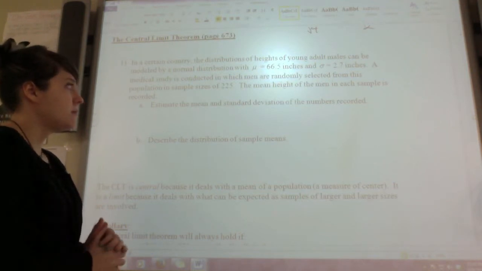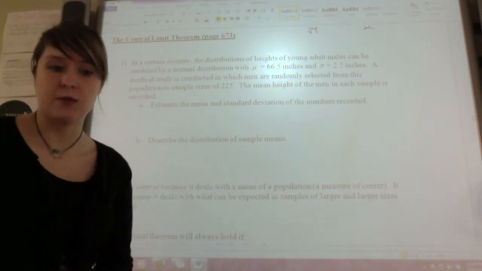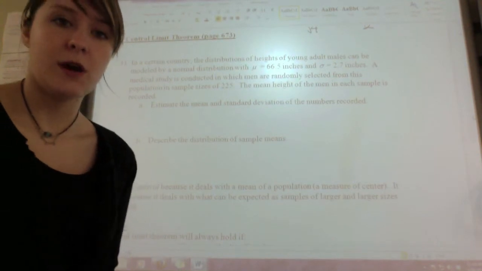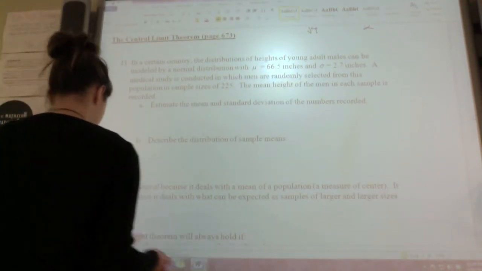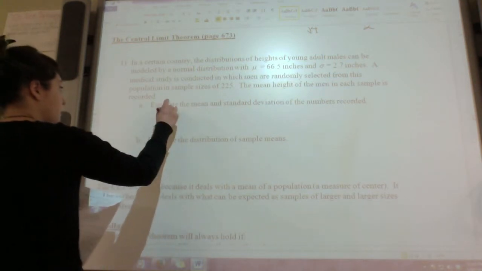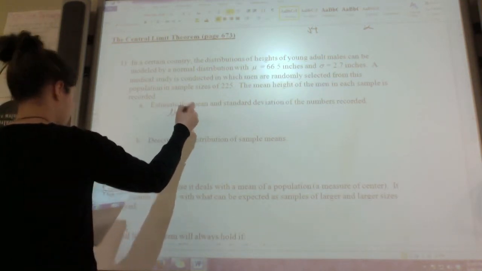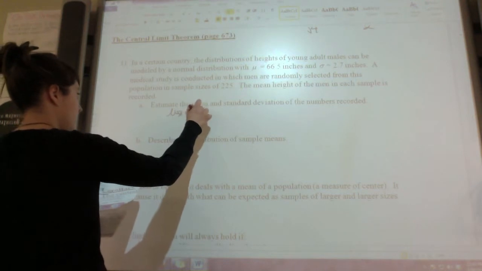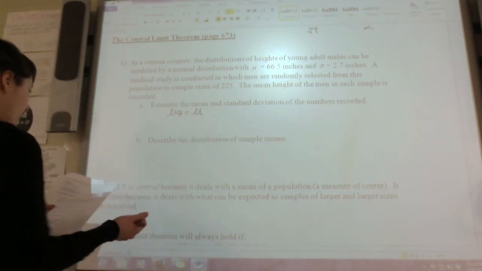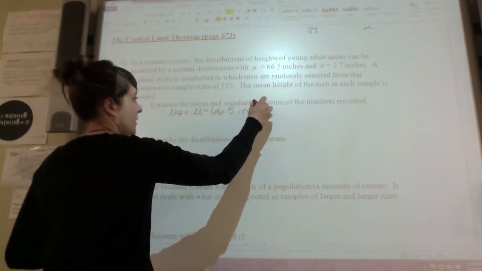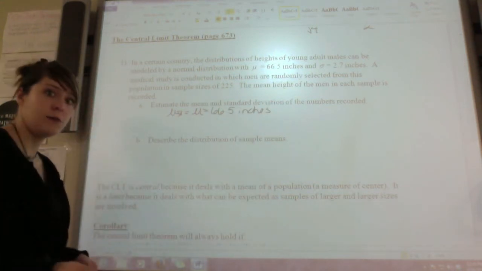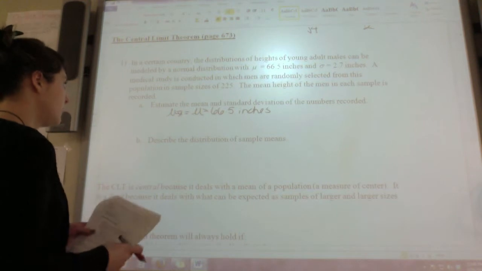We want to estimate the mean and standard deviation of the numbers recorded. So in order to do that, we're going to use our central limit theorem. And I know that mu x bar is going to be approaching mu, which was just 66.5 inches. So that's what I would estimate for the mean of my sample set.